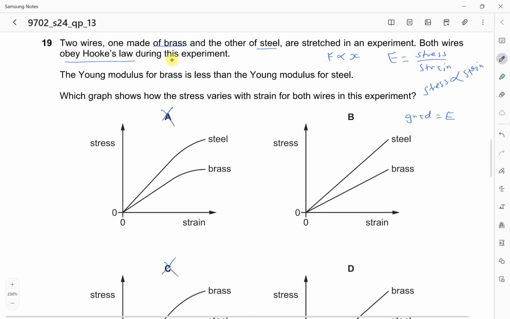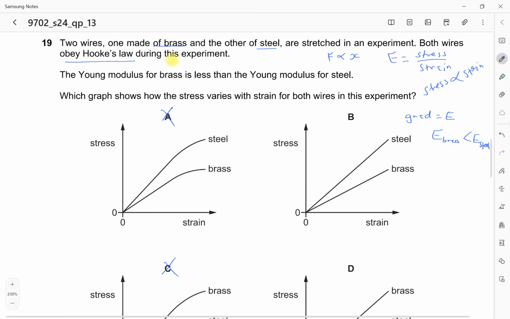So they said the Young modulus of one made of brass and the other of steel. The Young modulus of brass is less than that of steel. So E for brass is less than E for steel.